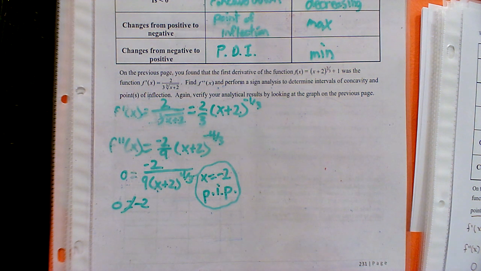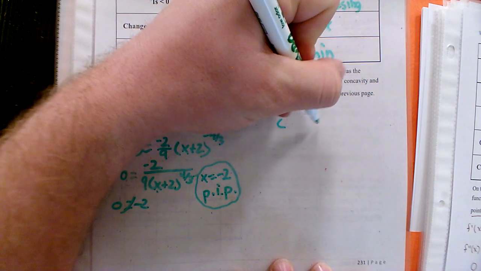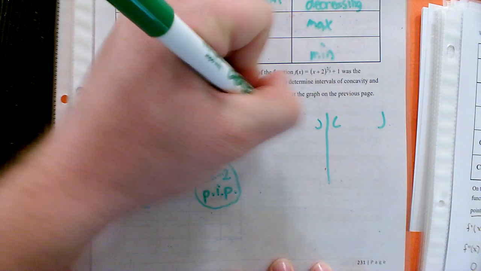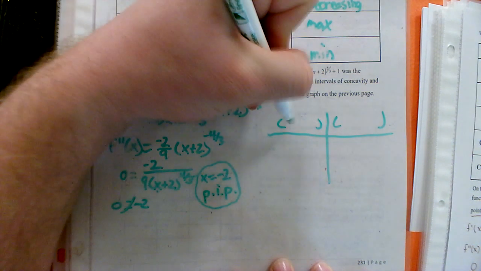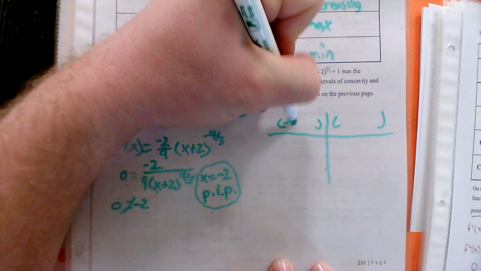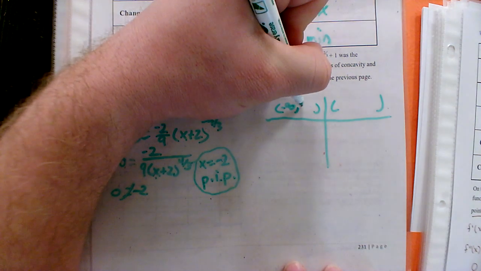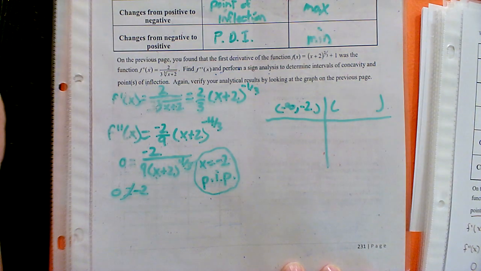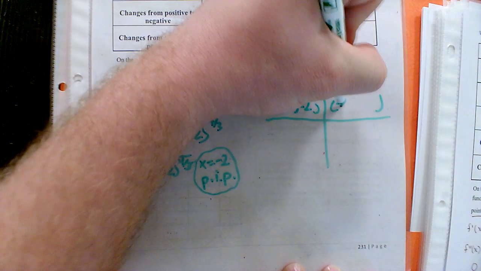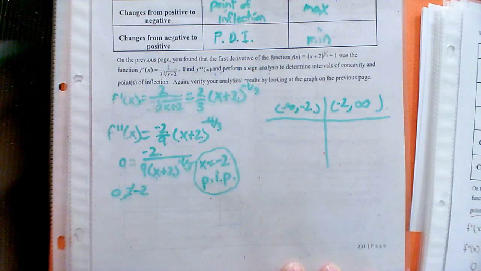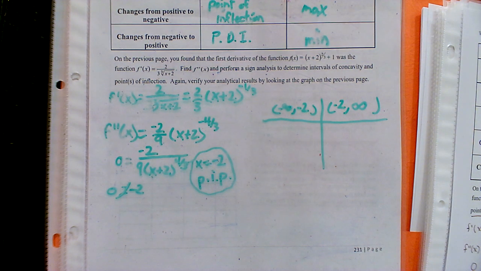And like yesterday, we need to create those intervals in the chart. All right. So my first interval, I start at negative infinity, and I go until my critical point. Well, Stevie told us that's negative 2. And then I'm going to go from negative 2 to positive infinity. So I have 2 intervals to deal with.